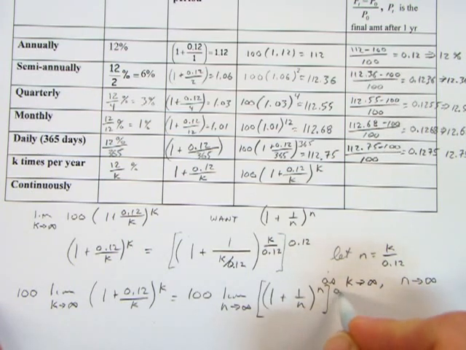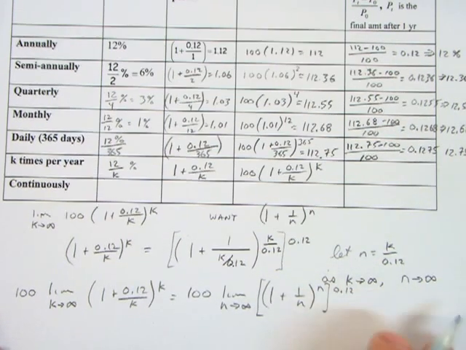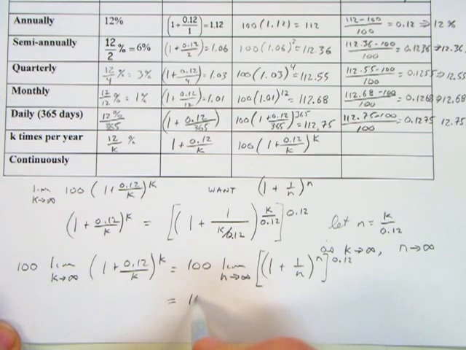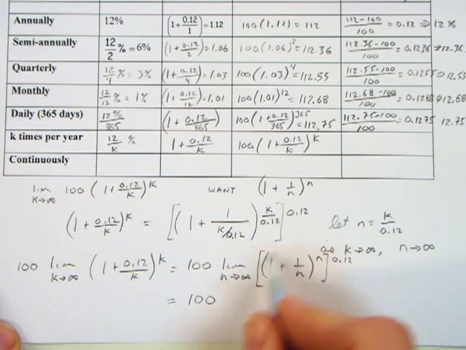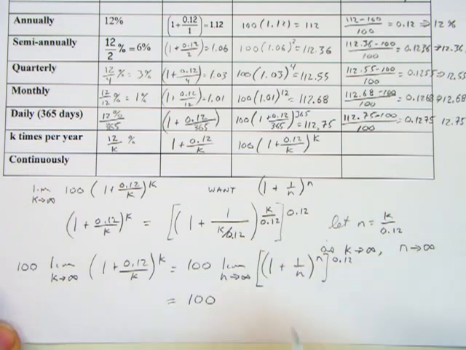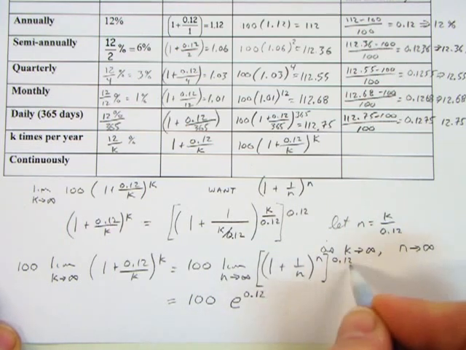Now this isn't such an easy thing to look at and figure out. But this part here is going to give us what we got in problem number 1. That is e. So it's e to the 1 raised to the 0.12, so it's just e to the 0.12.